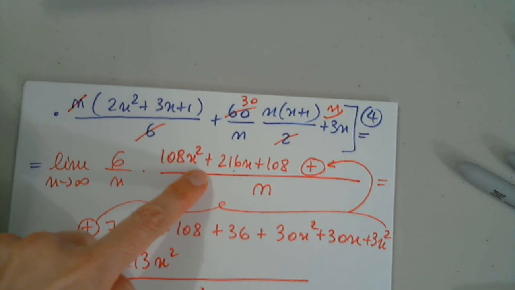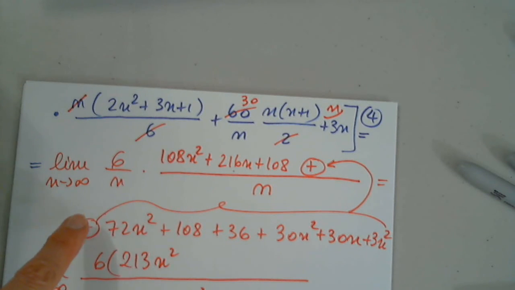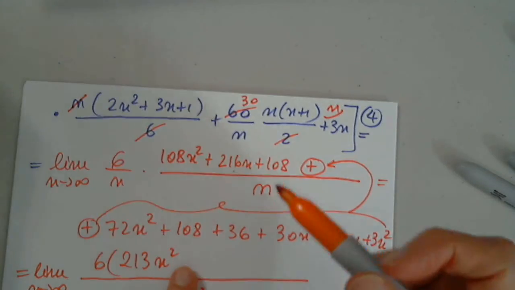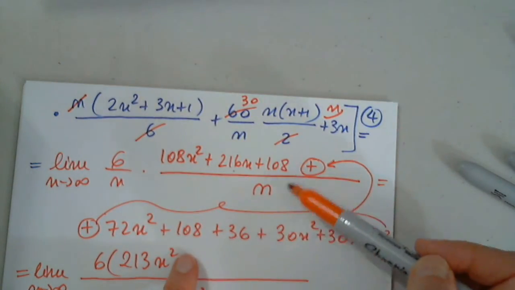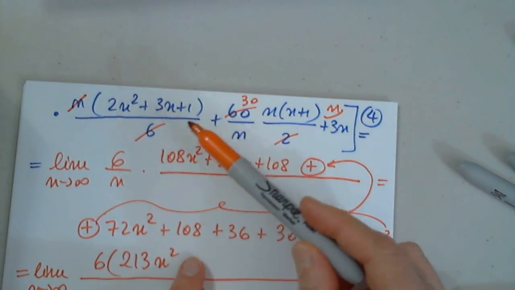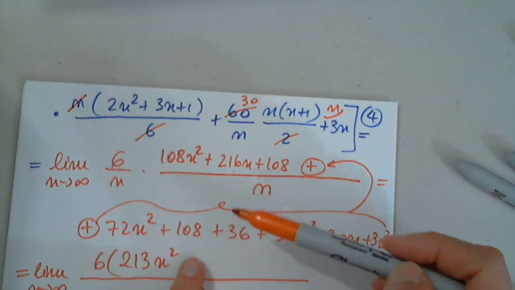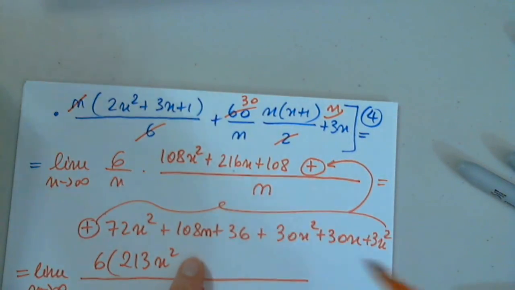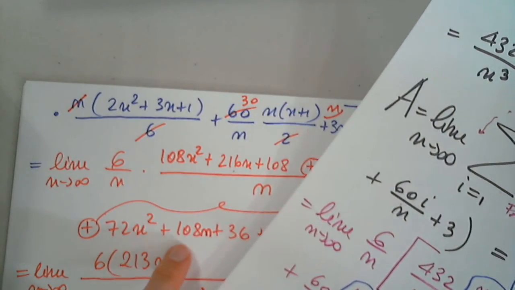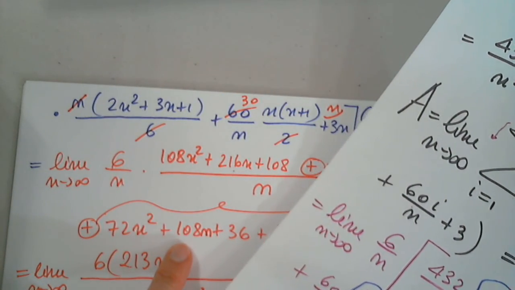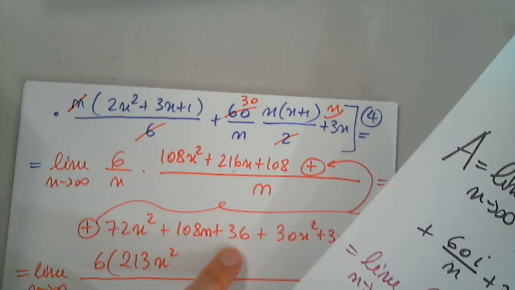Now 216, plus, I'm checking the 108, because I have here 36 times 2 and then 108, 36 times 3, and plus 36.